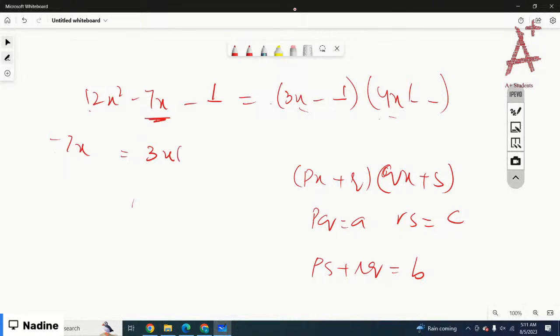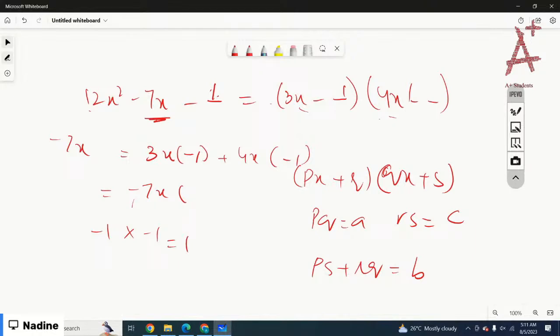Because here you have a negative sign, the number you multiply with 3x would be negative, and with 4x it would again be negative because you have to make negative 7x over here, right? So it would be negative 1 and negative 1. So that makes negative 7x. Negative 1 times negative 1 makes 1. So that means they are 1, right?